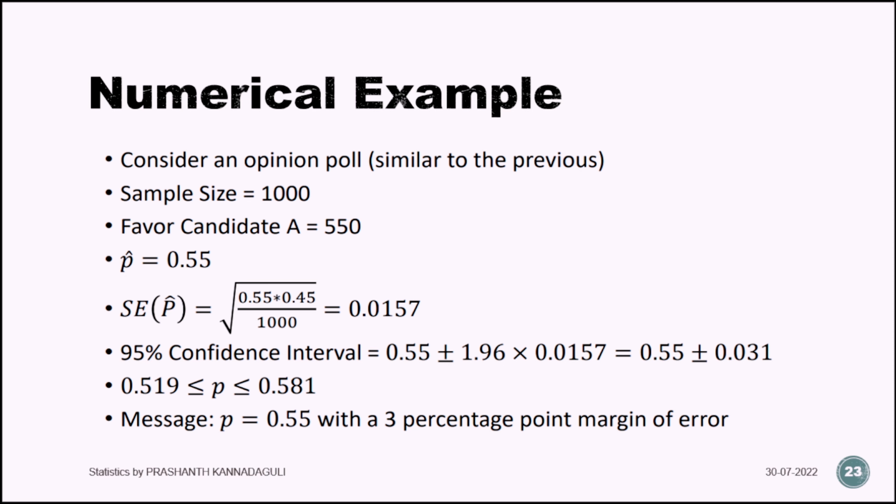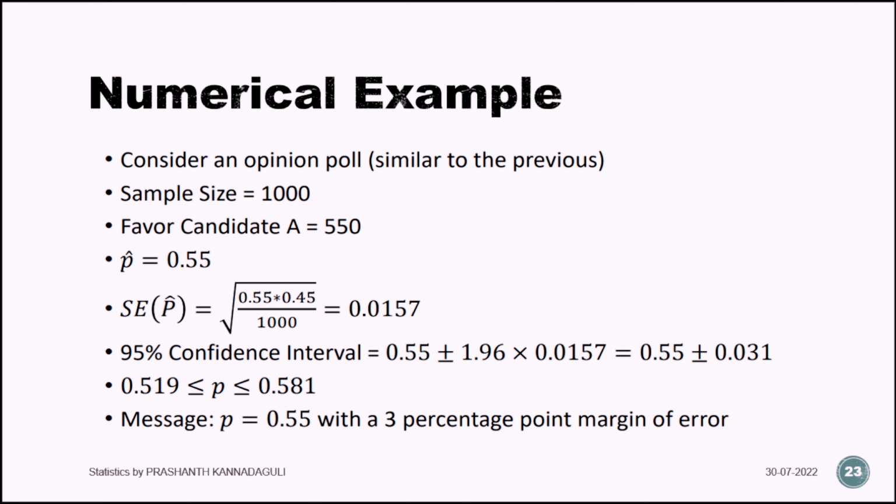Now you see, whatever P cap you calculated, from that I can conclude that the actual value of P will lie between 0.51 and 0.58. I had a question asked in one of the previous slides: how can you make sure that the actual P when election results come will not become lesser than 0.5, which actually inverts the results which you guessed?